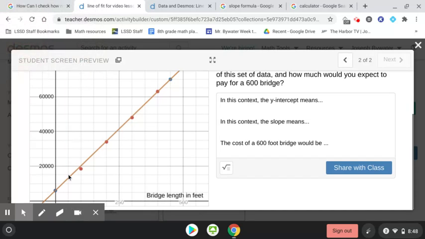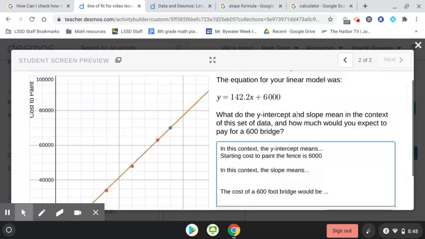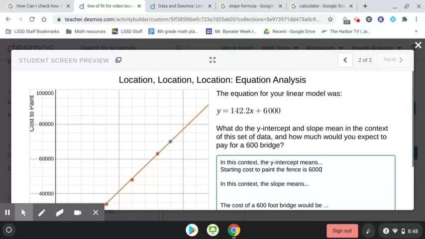So in the context, the y-intercept, the start of my graph, what does that actually mean? Well, it just means the starting cost to paint the fence is $6,000. So there's my starting cost. That's how I'm going to interpret the y-intercept.